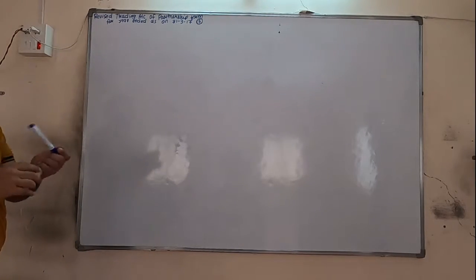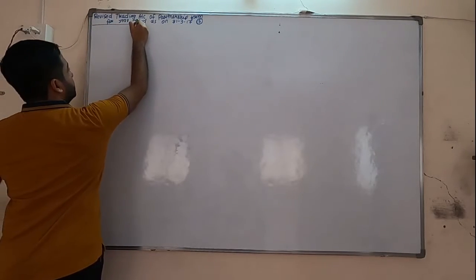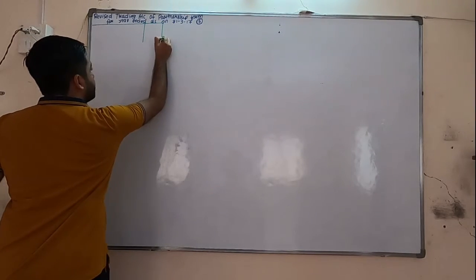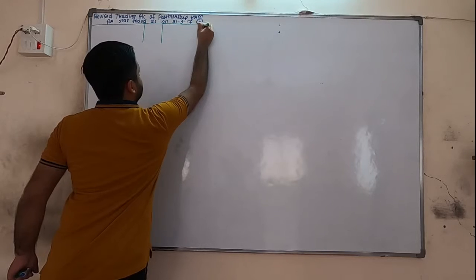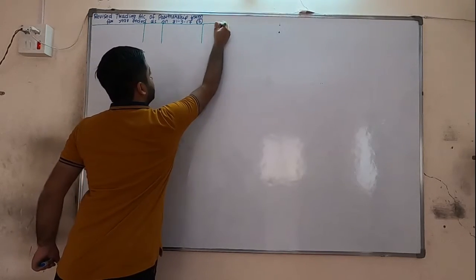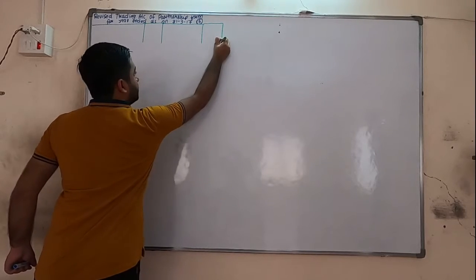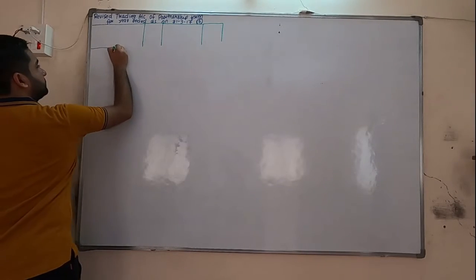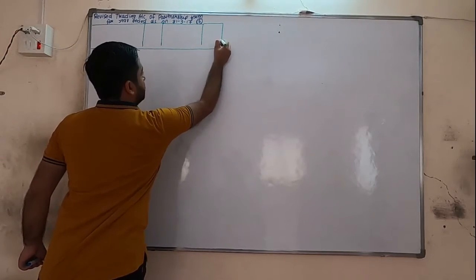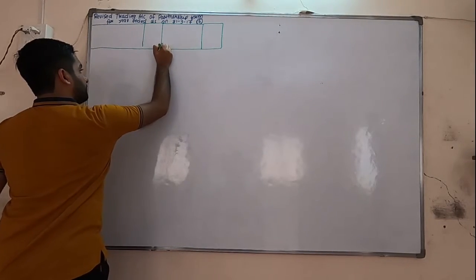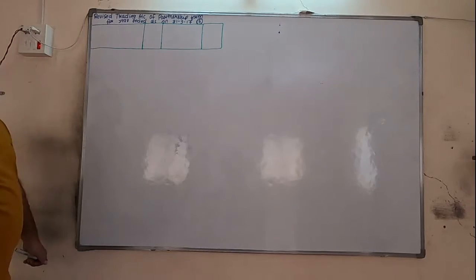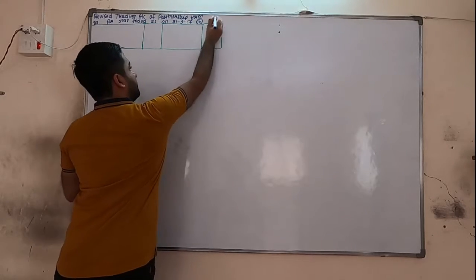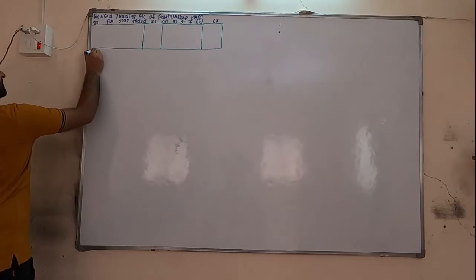Draw it for only 5 lines. Very small account. Debit, credit.